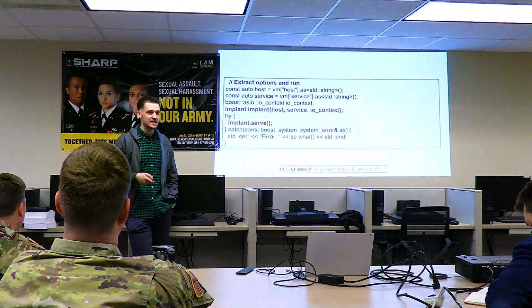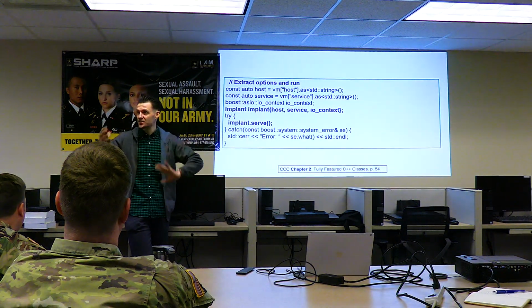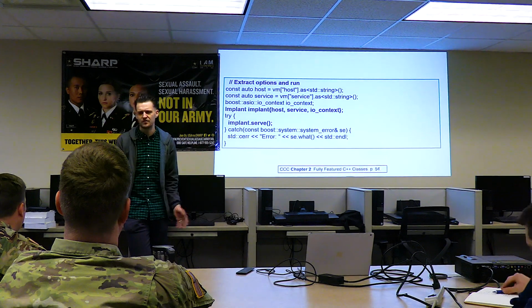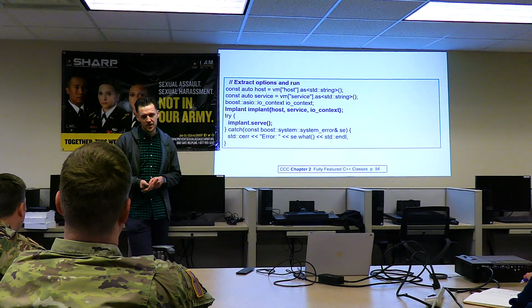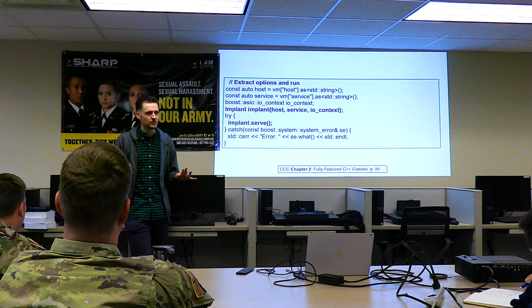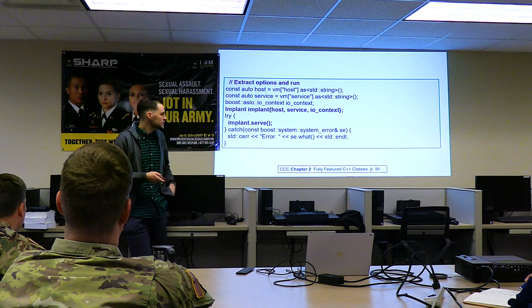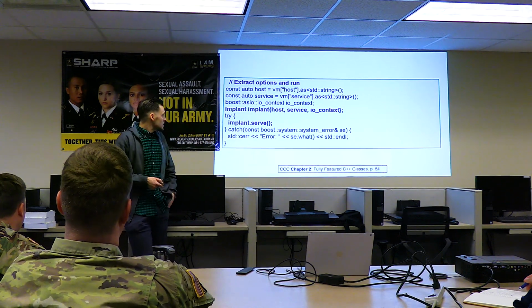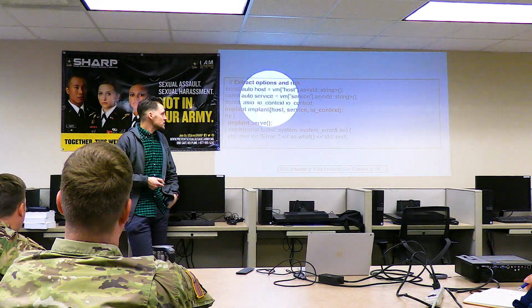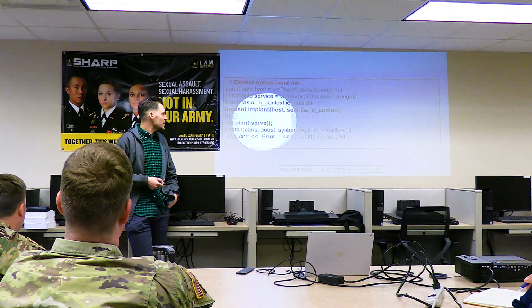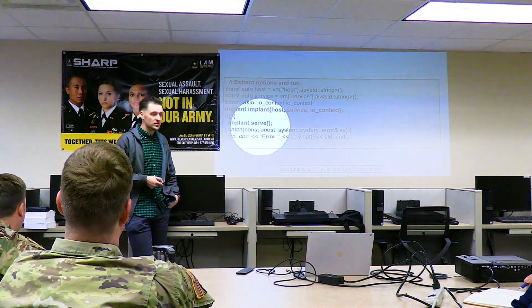This IO context basically handles all the threading and dispatching of network stuff. If you've ever used, in Windows, asynchronous communications or async IO, overlapped IO, it's similar to that. So we pull out the host and the service, we pass host, service, and IO context to our implant, and then we call serve, right?